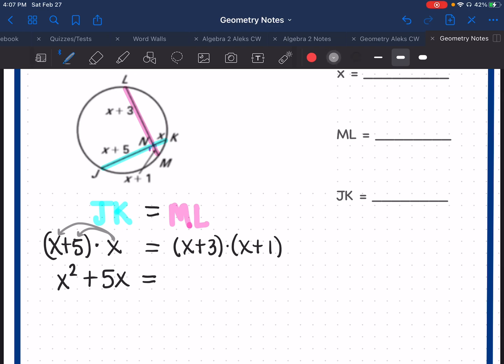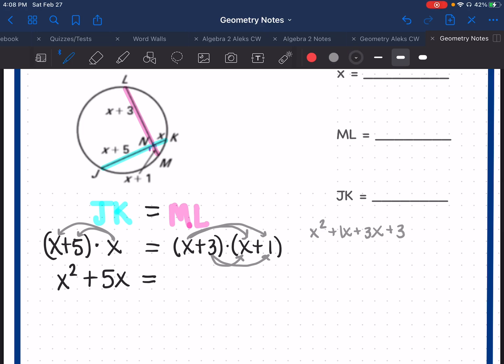For the second one, for the ML side, in pink, I have to double distribute. So x times x, x times 1, 3 times x, here's the double distributing, and 3 times 1.